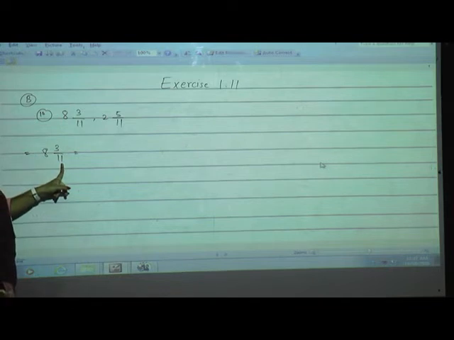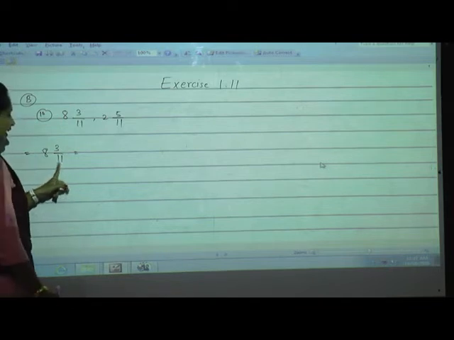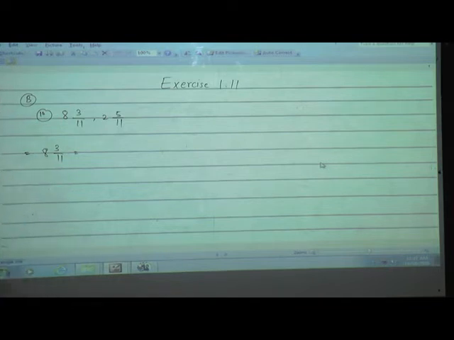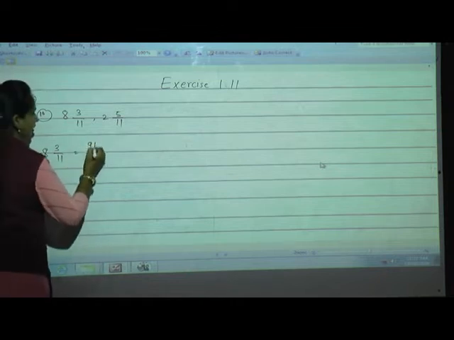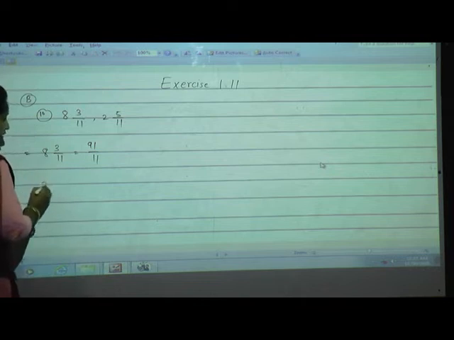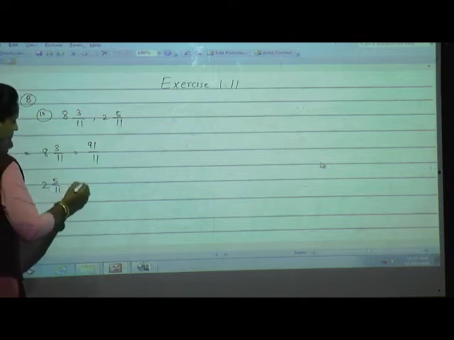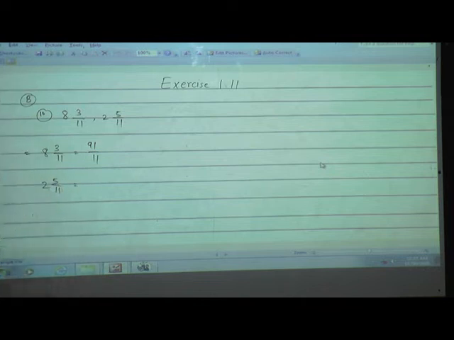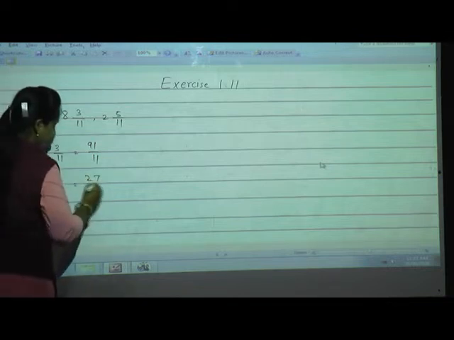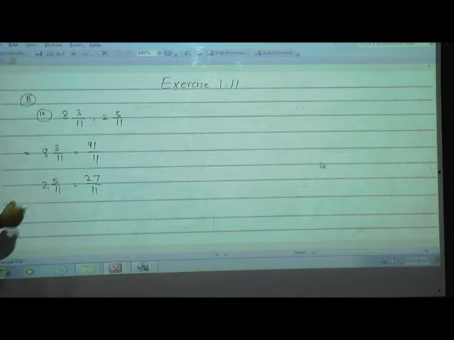Now see, 11 8s are 88, 88 plus 3, yes, 91 upon 11, isn't it? The next 2 5 upon 11, 11 2s are 22, 22 plus 5, come on, add everyone, 27, 27 upon 11. Now we got both the fractions, isn't it?